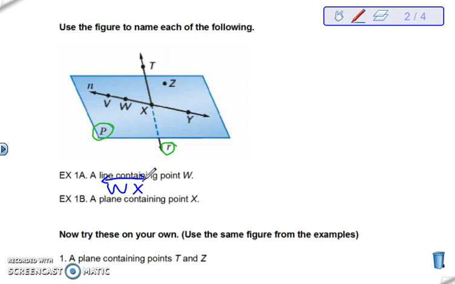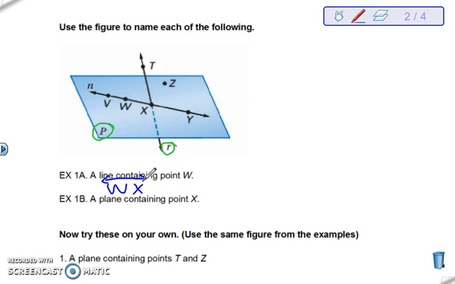It's a line that's got to pass through point W, pass through point X, and it goes with arrows in both directions. I could use any 2 points that are on that line. So you can call it WX, call it WY, you could call it VW, whatever you want to do. You just got to pick out 2.